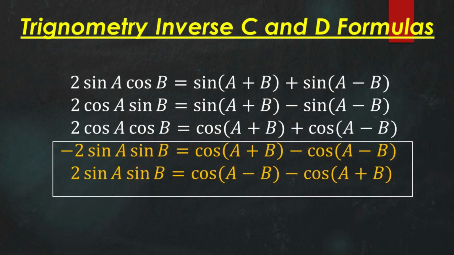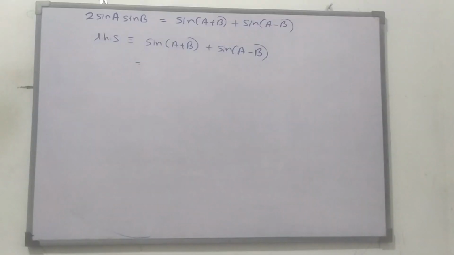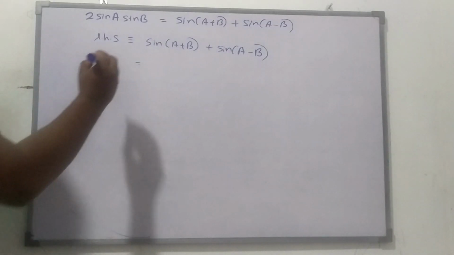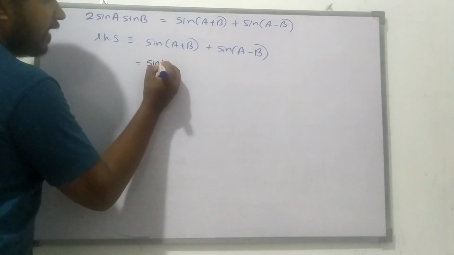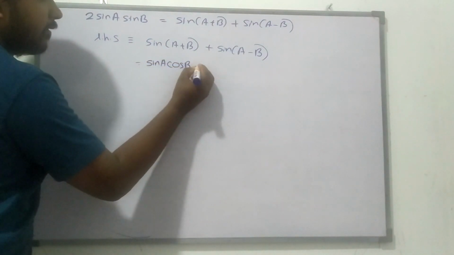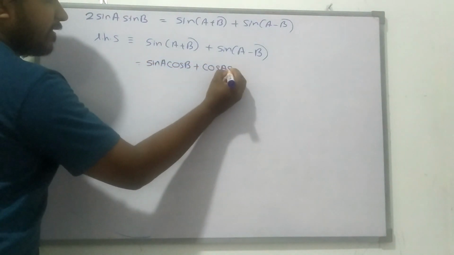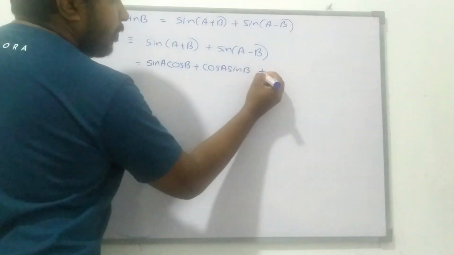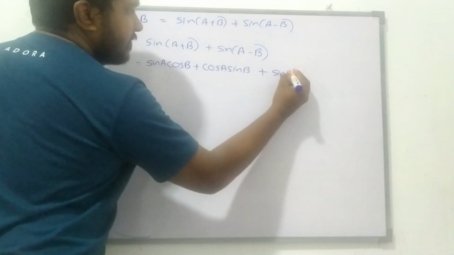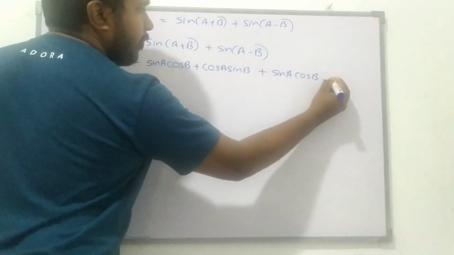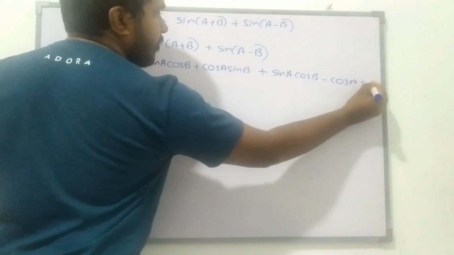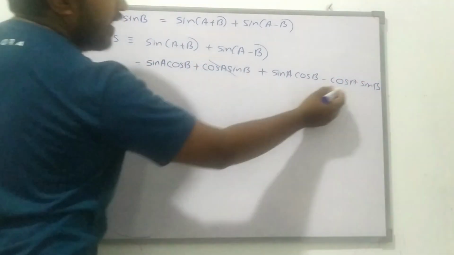This is the AB formula, so you can expand it: sin A cos B plus cos A sin B, plus sin A cos B minus cos A sin B. These two get cancelled.